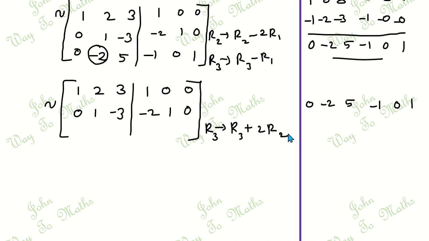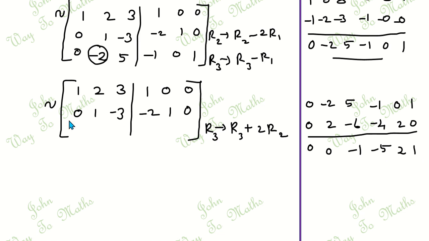Row 2 multiplied by 2 gives 0 2 minus 6 minus 4 2 0. Adding these, we enter 0 0 minus 1 minus 5 2 1.